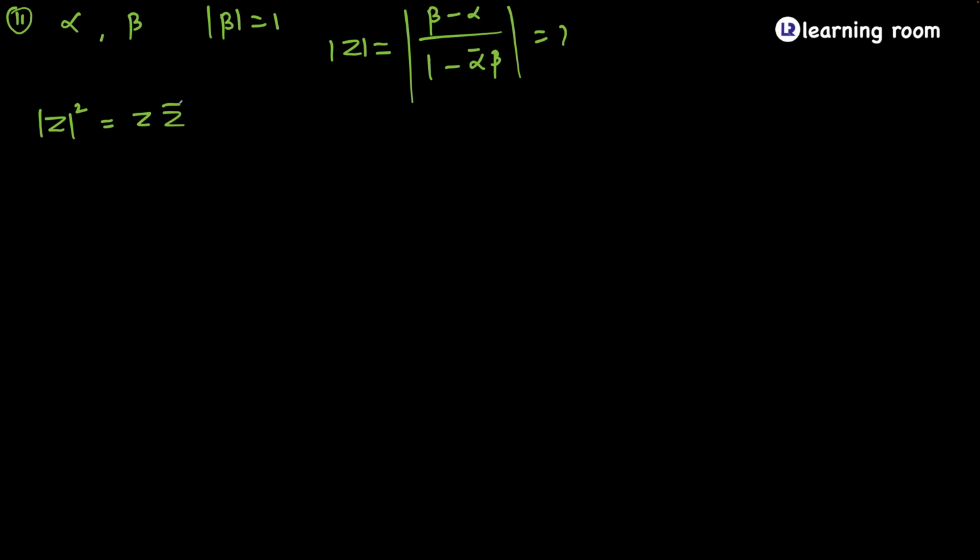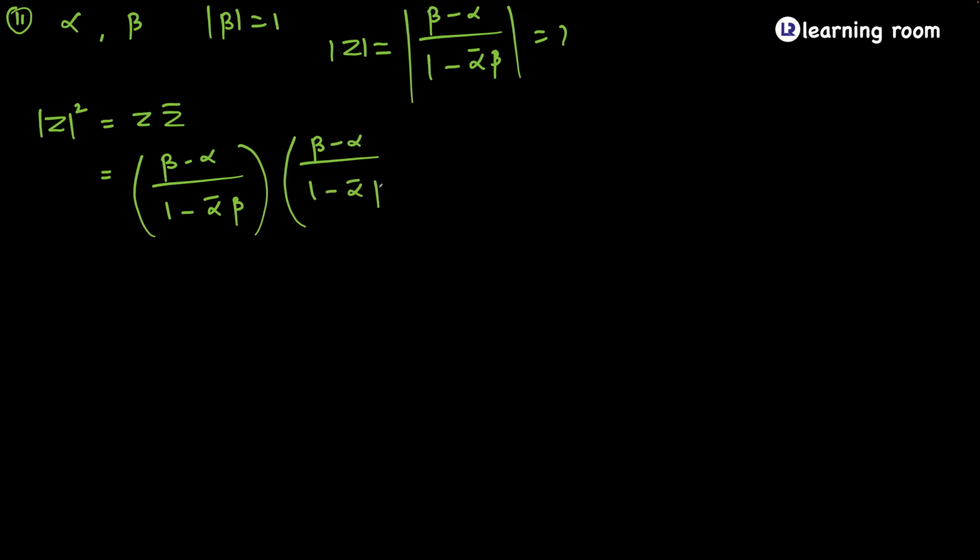Are you able to understand? So here mod Z square means this whole thing is equal to, can I write this as beta minus alpha divided by 1 minus alpha conjugate beta into beta minus alpha divided by 1 minus alpha conjugate beta, the whole conjugate.